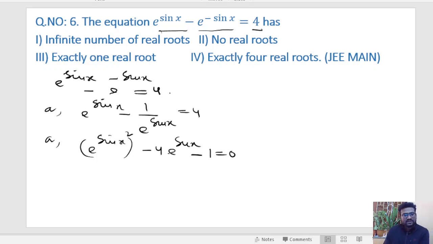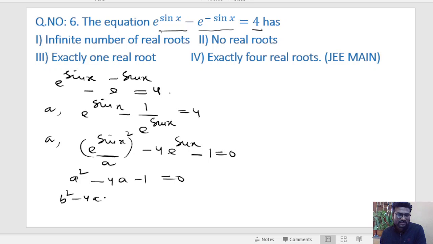Let's consider e to the power sin x equals a. Putting the values, a square minus 4a minus 1 equals 0. And what is the discriminant of the given quadratic equation? The discriminant means b square minus 4ac.